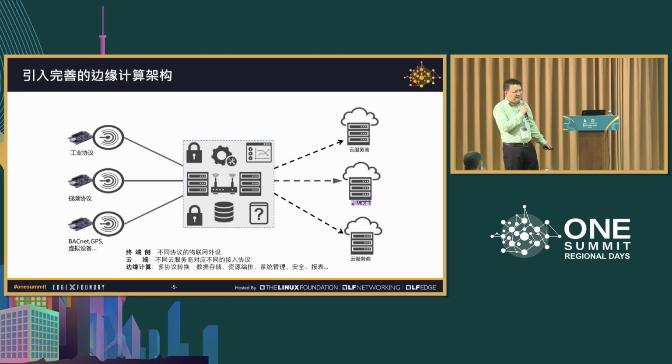On the left side there are more and more different protocols connected to the network, while on the right side there are many different CSPs using their own interfaces, not following the unique MQTT. Whether it's AWS, Microsoft Azure, Google Cloud, or in China Alibaba Cloud or Tencent Cloud, they all have their own interface to connect edge compute or IoT devices. So we need protocol conversion functions for both the left-hand side and the right-hand side.